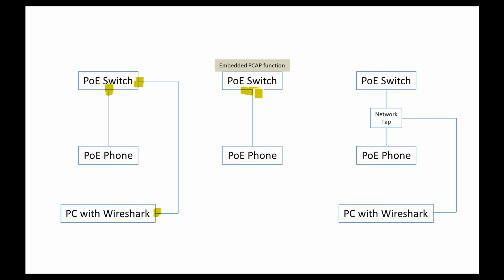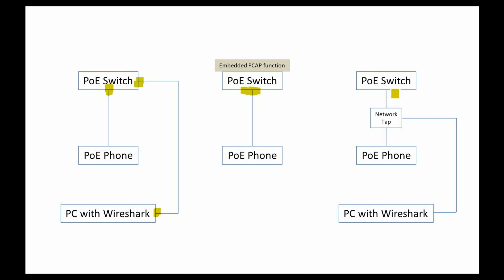The third scenario is typically what I like to do, because I may be troubleshooting with different types of switches, different models of switches, firmware, etc., and this really eliminates any guessing. Am I seeing all of the transactions between the device, in this case the PoE phone, and the actual switch? What I'm using is a network tap.